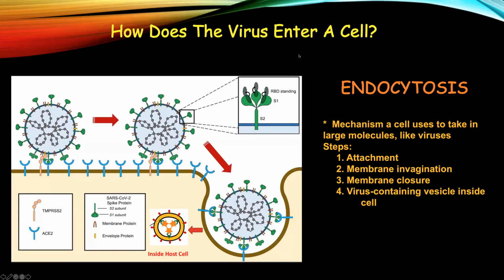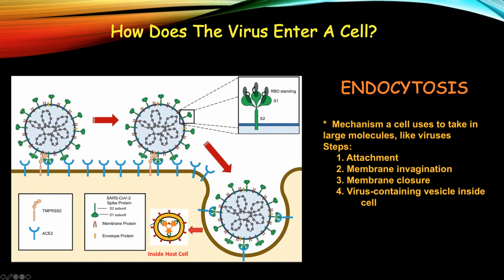So you remember, how does the virus enter a cell? It has the spike protein, and the spike protein binds to this receptor called ACE2. And then it enters the cell by a mechanism called endocytosis. That's illustrated a little better in this slide, where the binding of spike to the receptor is a stimulus that causes the cell plasma membrane to invaginate and enclose around the virus particle so that it ends up inside the cell in a vesicle.